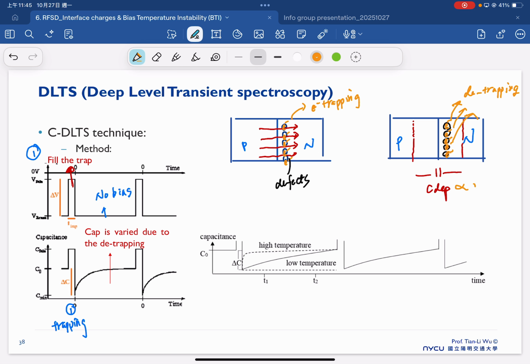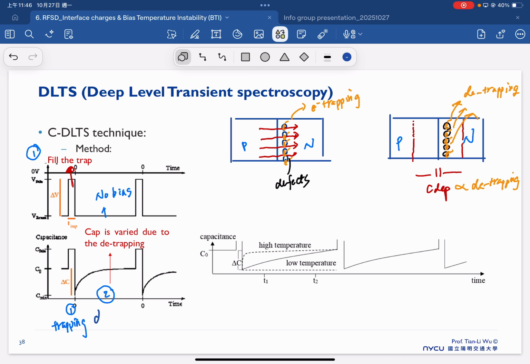This is due to the detrapping. So now you can see the second phase is with no bias, we're just waiting to see the capacitance recovery. The capacitance recovery is because of the detrapping effect.